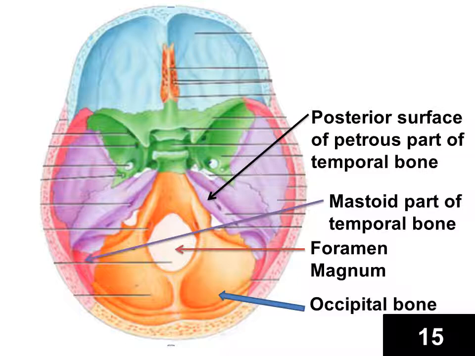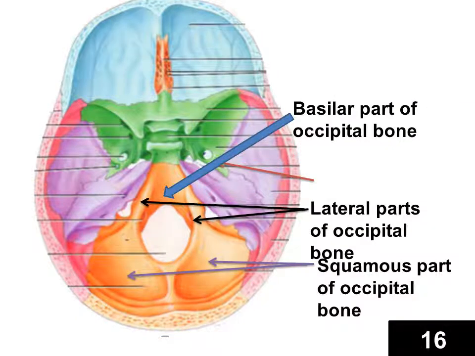هلا نجي على الصورة اللي بعدها. الفورامين ماجنم اتقسم divide the occipital bone إلى following parts. أولا anterior to it we have the basilar part، هذا اللي مأشر عليه بالسهم الأزرق.